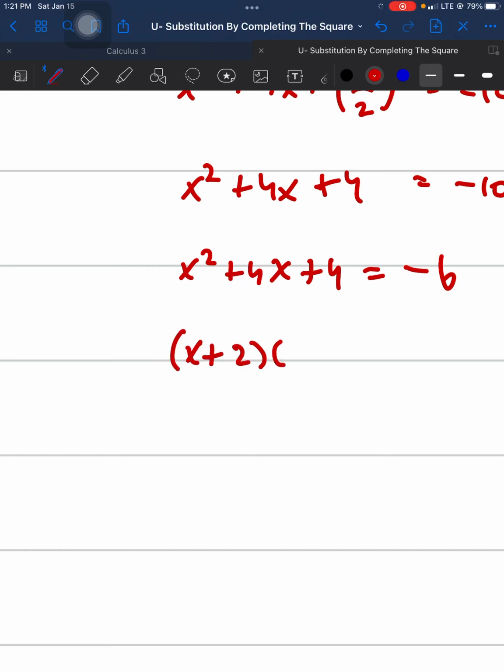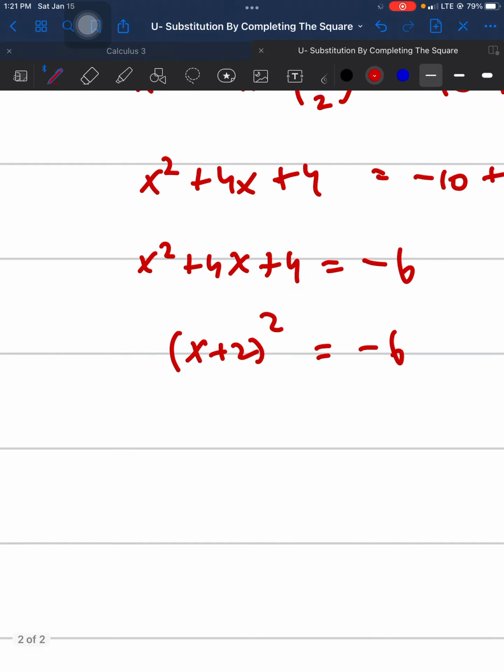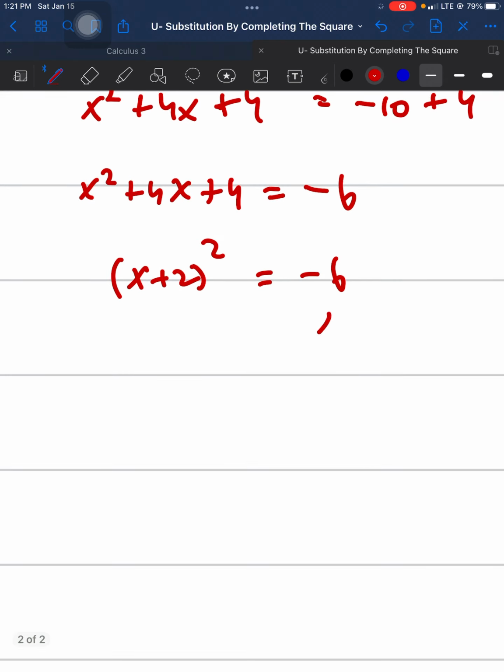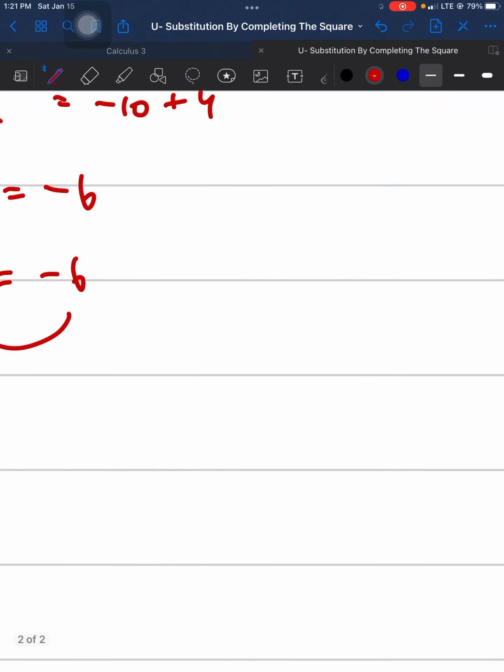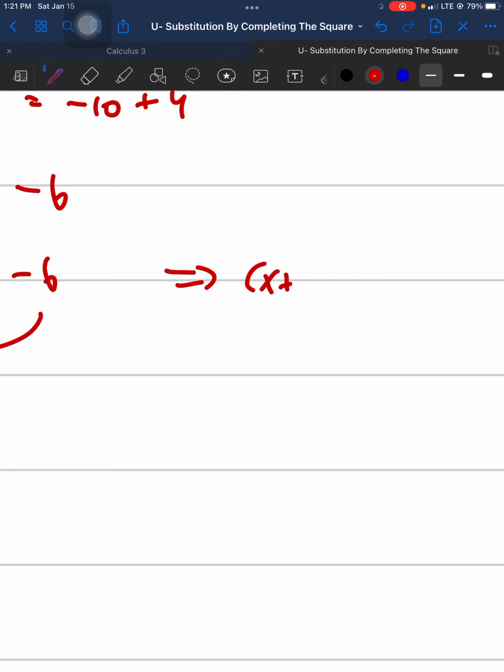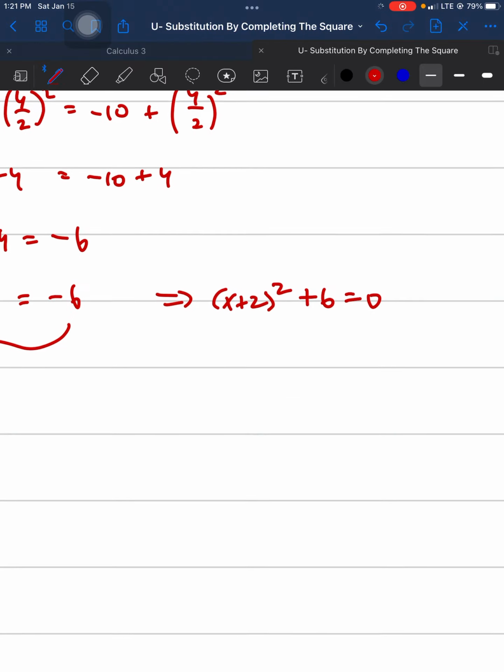This is just simply x plus 2 and then x plus 2, right? So what we can just write is (x plus 2) squared. That's all we really need. Equals negative 6. And then when we move this negative 6 to the other side, we get (x plus 2) squared plus 6 is equal to 0.